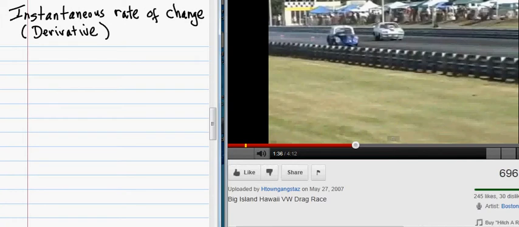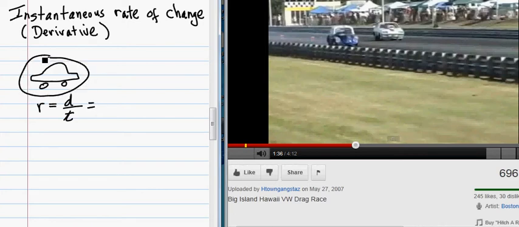Alright, so at that moment, the car is sitting here at a moment in time, and we can say, well, the speed is the distance they travel over the time it took to travel. But this car is frozen in time.